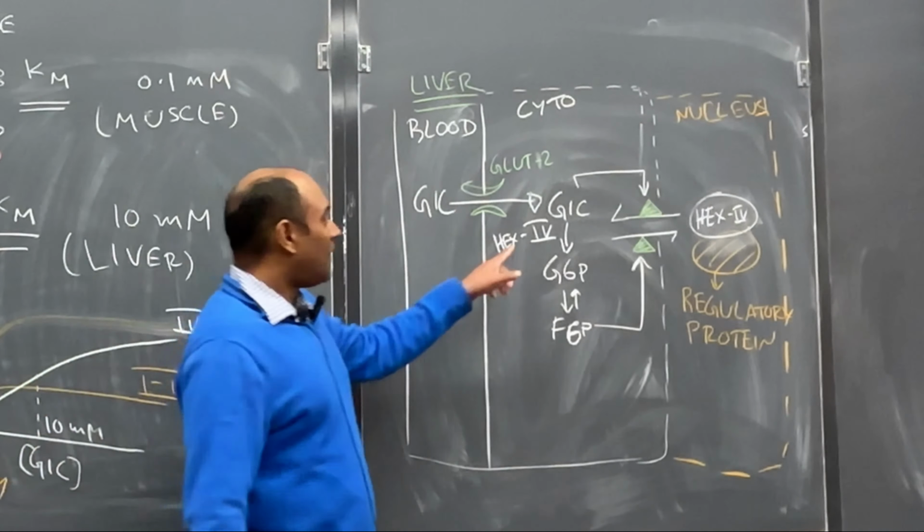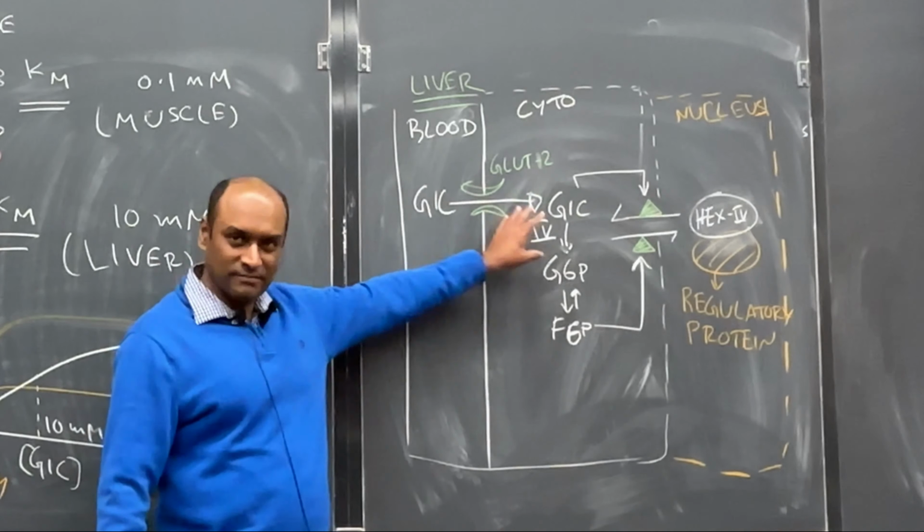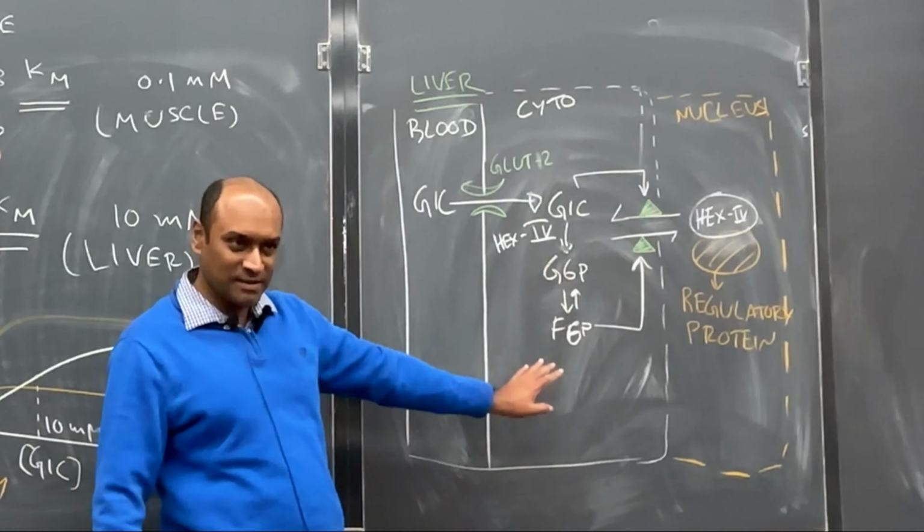make G6P. Now, when you are doing glycolysis, your G6P goes to F6P. So F6P competes for the same binding site where glucose will bind. And so F6P is not the substrate, obviously.